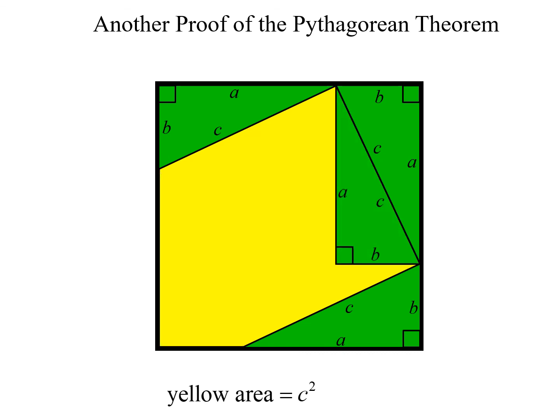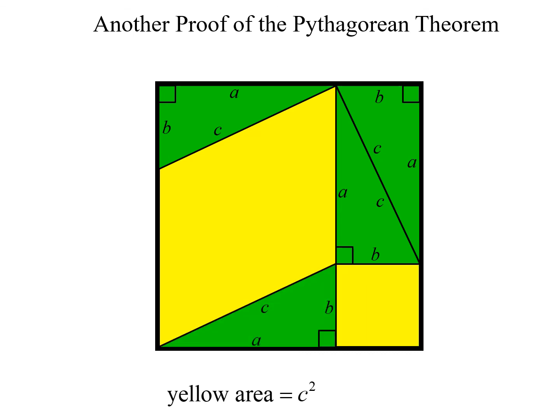So I moved the bottom left triangle up to the top right triangle. Now I'm going to move the bottom right triangle over, and I'm going to move the top left triangle down.